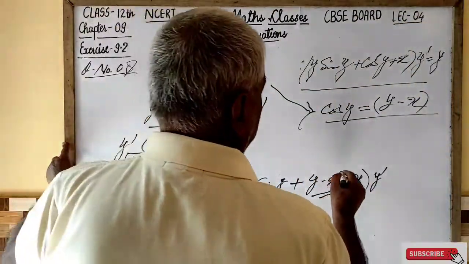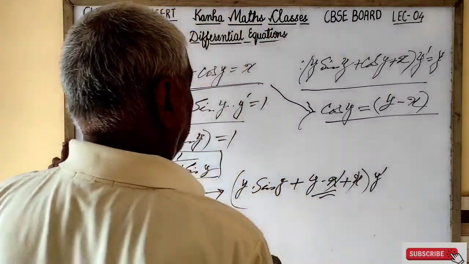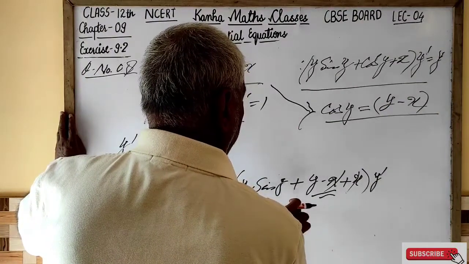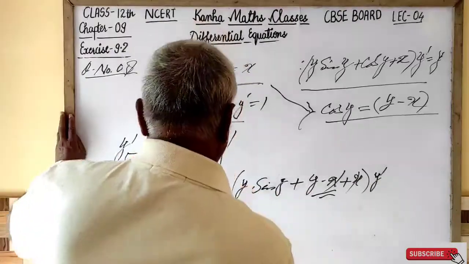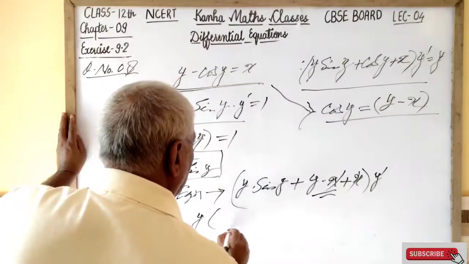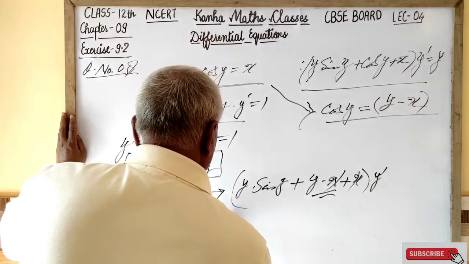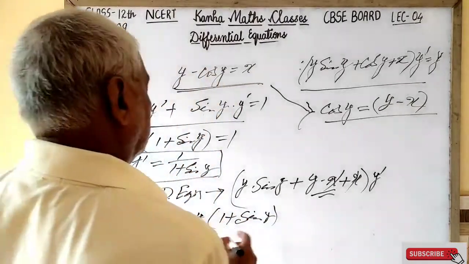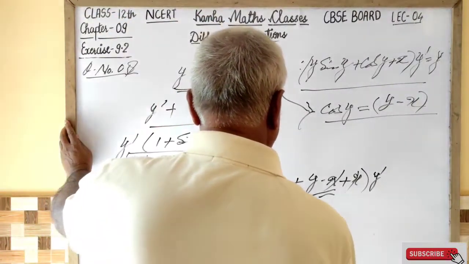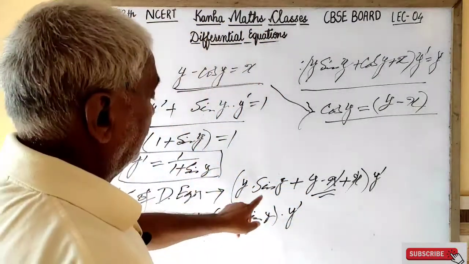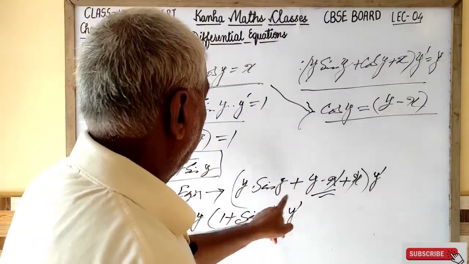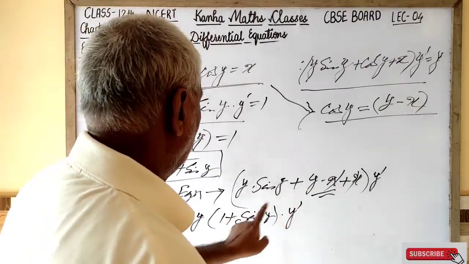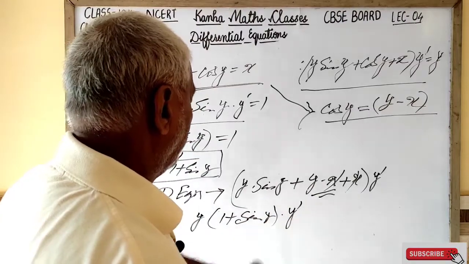Now minus x plus x cancel each other, and if you take common y, we get y into 1 plus sin y into y dash.